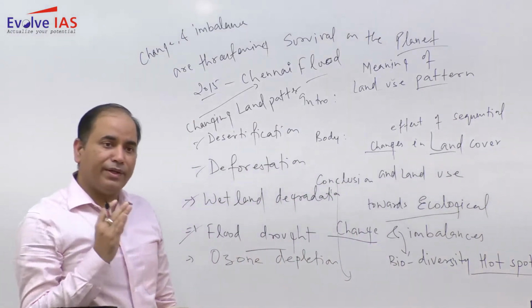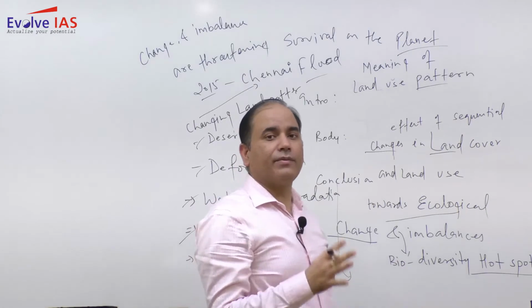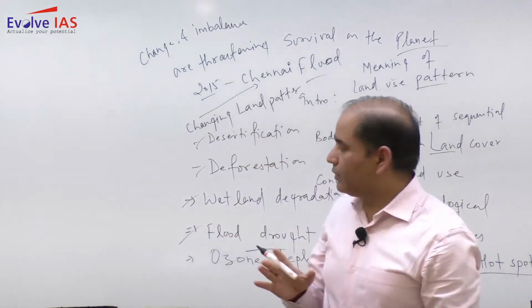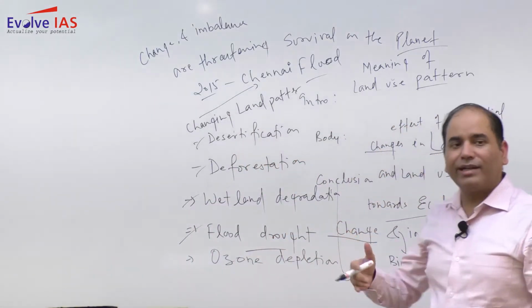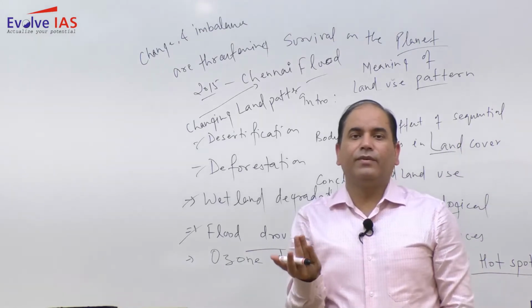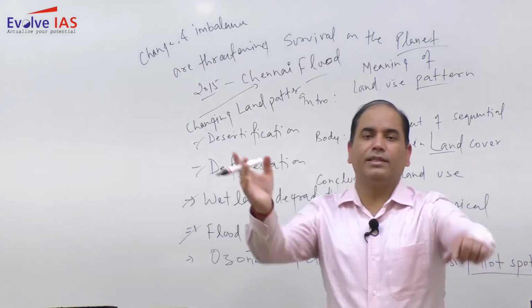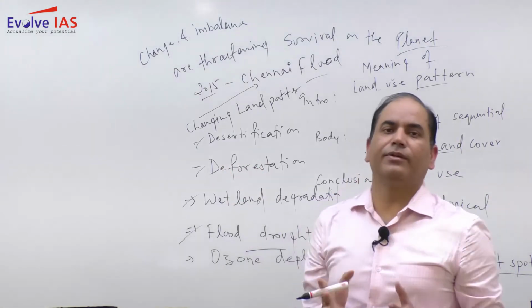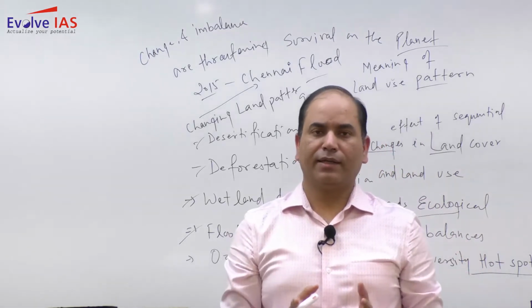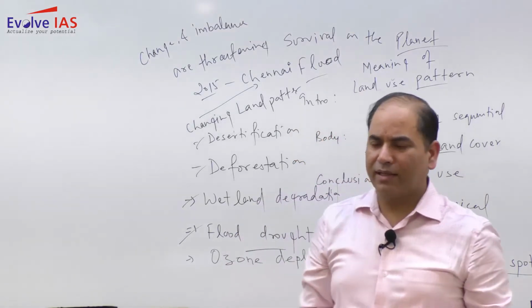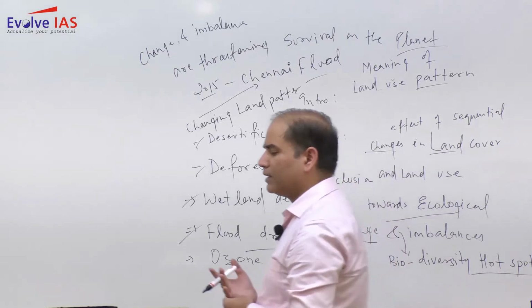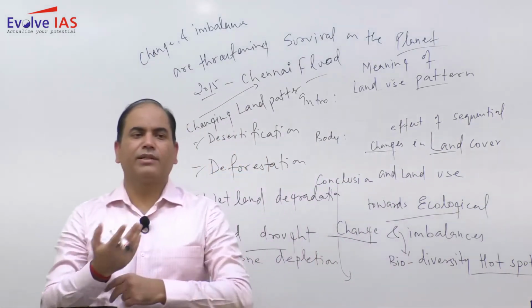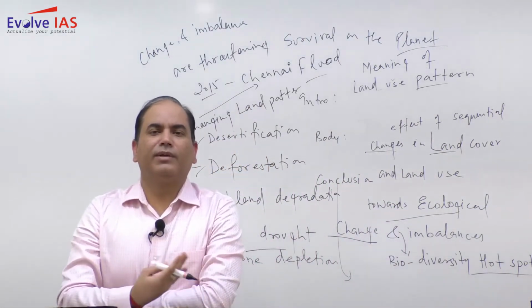So if we need to survive, we need to reverse, or at least try to, if we are not able to reverse all these changes, at least we should try to minimize the changes, because it's more or less a debate of development and conservation. Conservation is also needed, development is also needed.